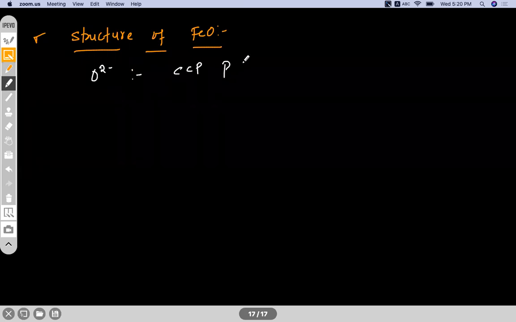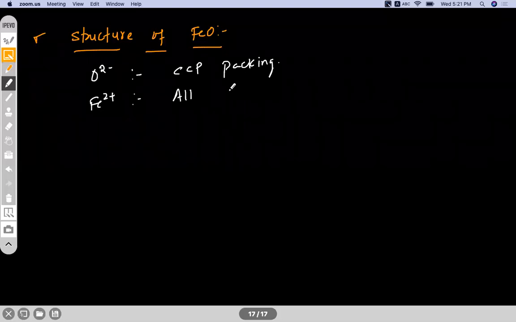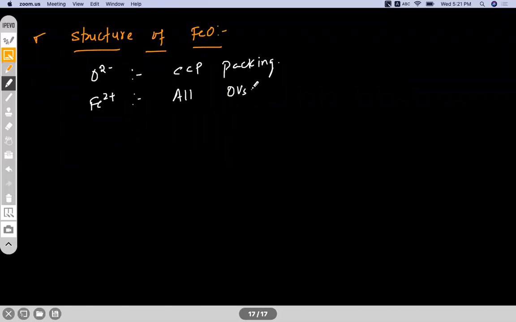In all these you see the anions occupy the lattice points, right? And cations occupy the void. Okay, that's a general thing you can now understand. O2 minus forms CCP packing and Fe2 plus occupies all octahedral voids. It looks like NaCl type structure only.